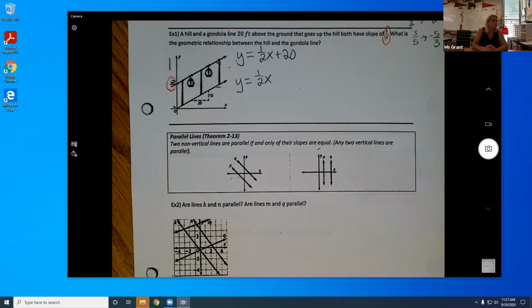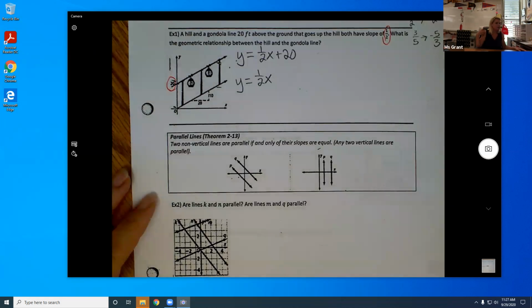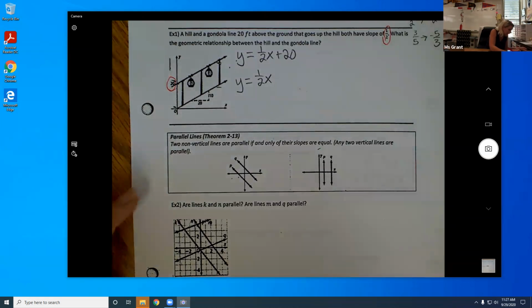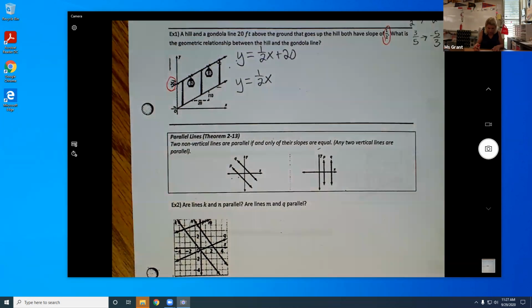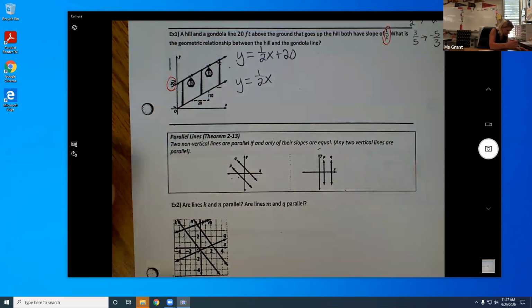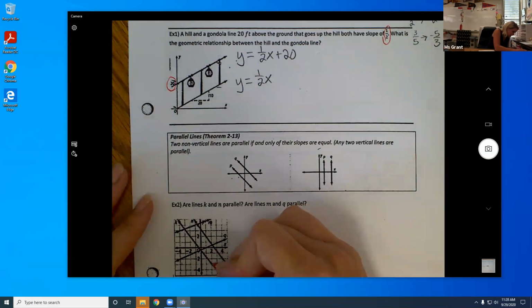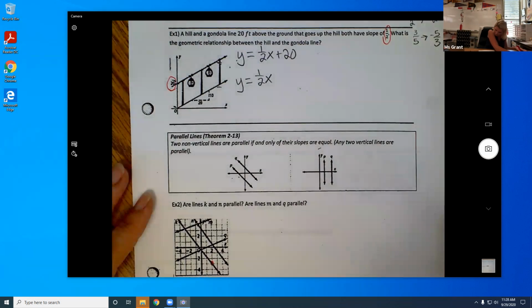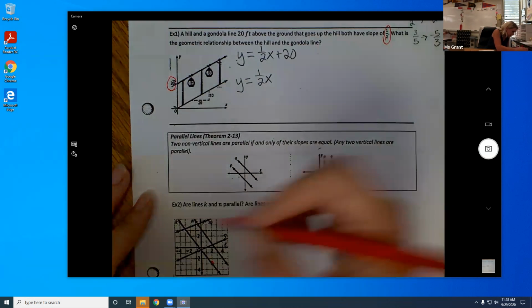Lines K, O. Two non-vertical lines are parallel if their slopes are equal. So you have to actually find the points on line K. On line K, I did over 2 down 3. And then I did -2, 2.